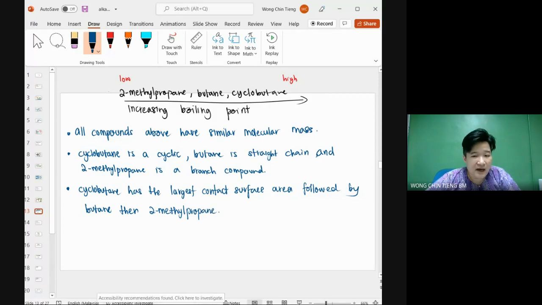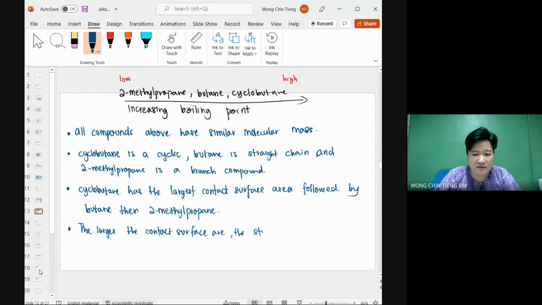Okay. Apa masalah larger contact surface area? Remember we always have a $1 million sentence, betul? A $1 million sentence tadi adalah the higher the molecular mass, the stronger the van der Waals forces. Kat sini, the larger the contact surface area, the stronger the van der Waals forces.